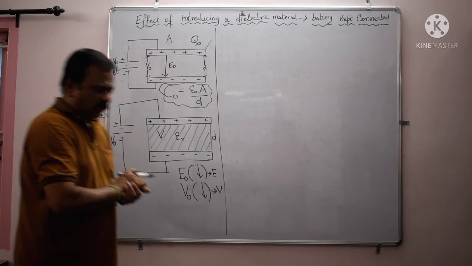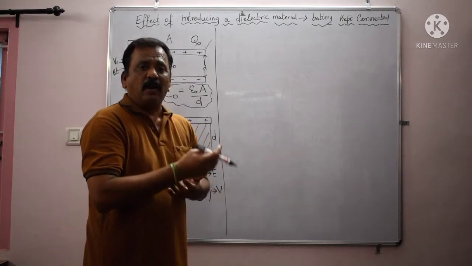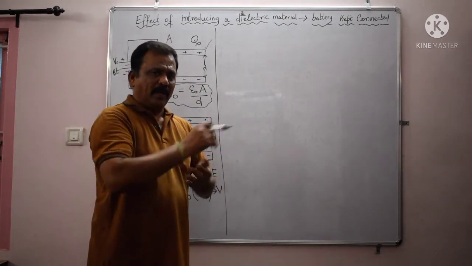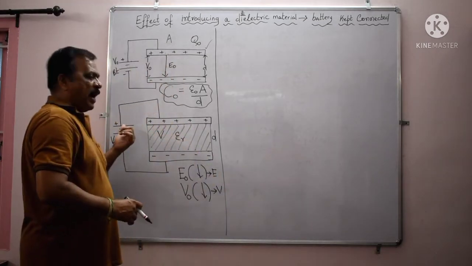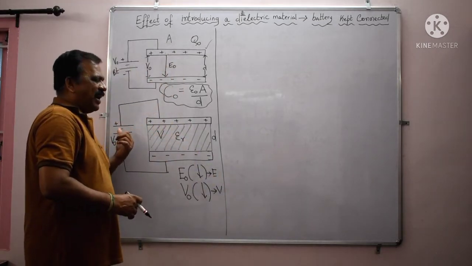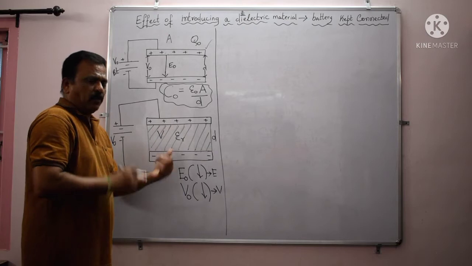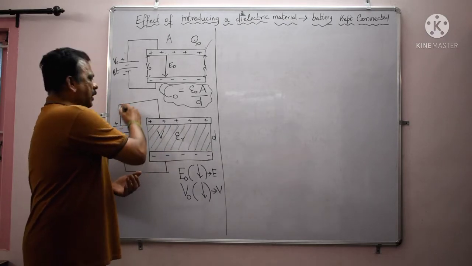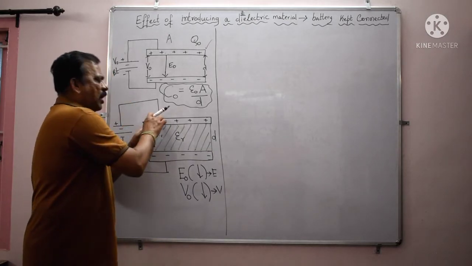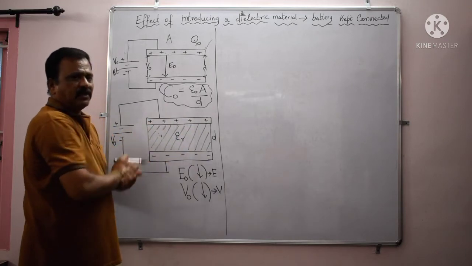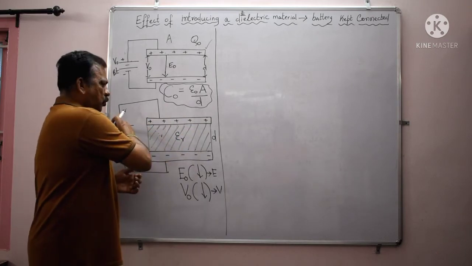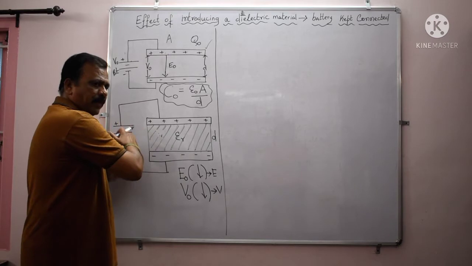You know, charges always flow from high potential or high voltage to low voltage. So now, since the battery voltage is maintained high compared with the capacitor voltage, the battery will supply additional charges to the capacitor plates. Charges will flow to the capacitor plates from the battery.